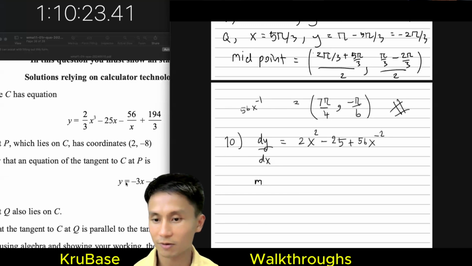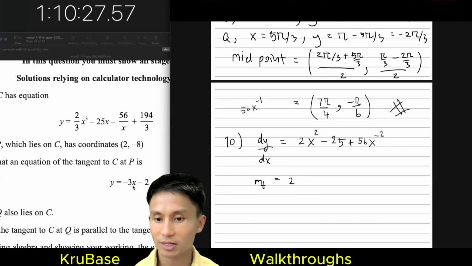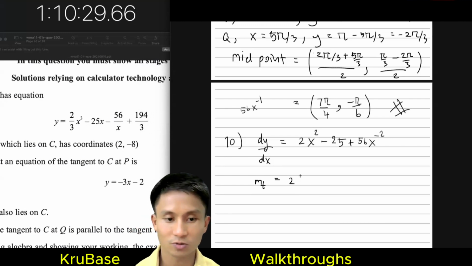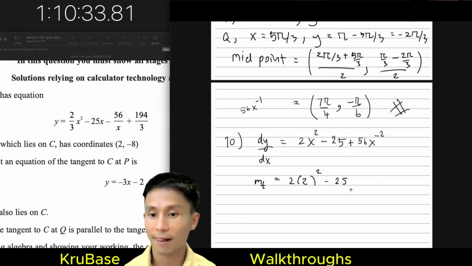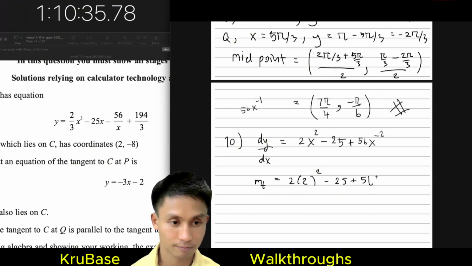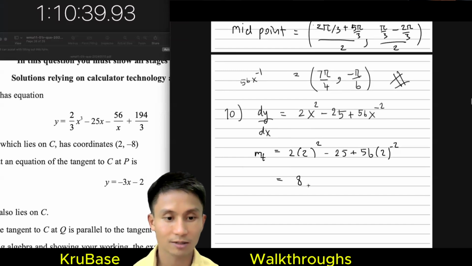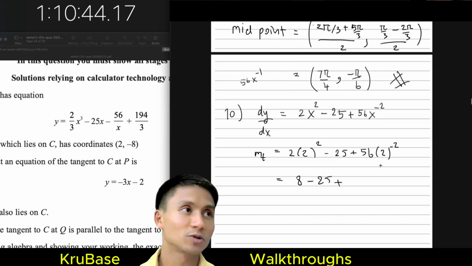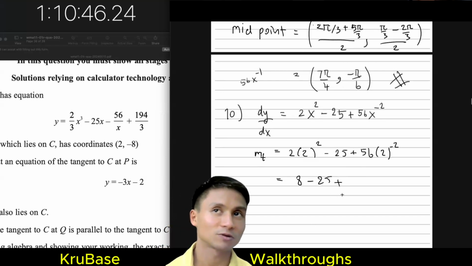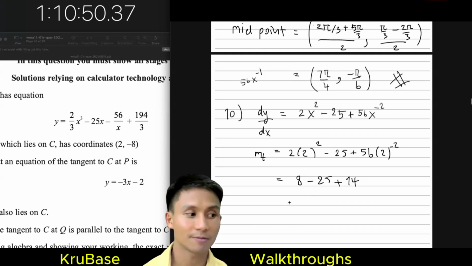And then we have to substitute. The gradient of the tangent, m_T, equals, substituting at P, x is 2, so 2 in. All right. So this is 8 minus 25 plus, so 2 to the -2 is 1/4. 56 times 1/4 is 14.